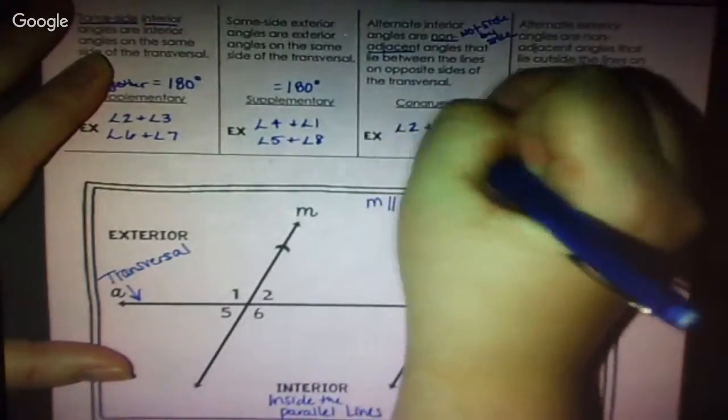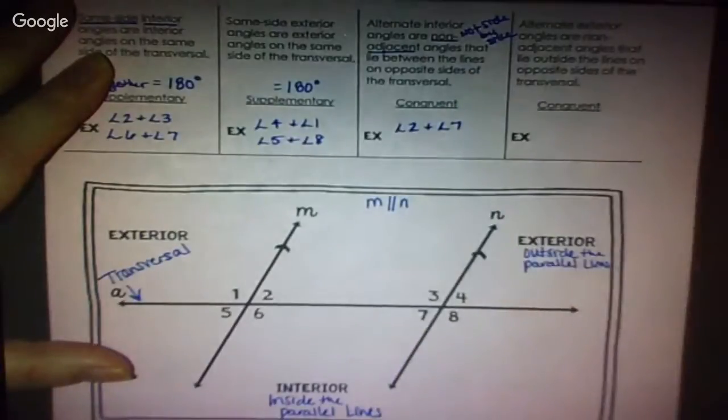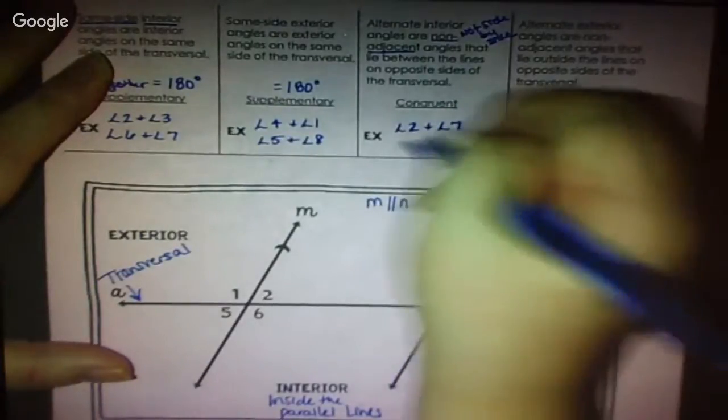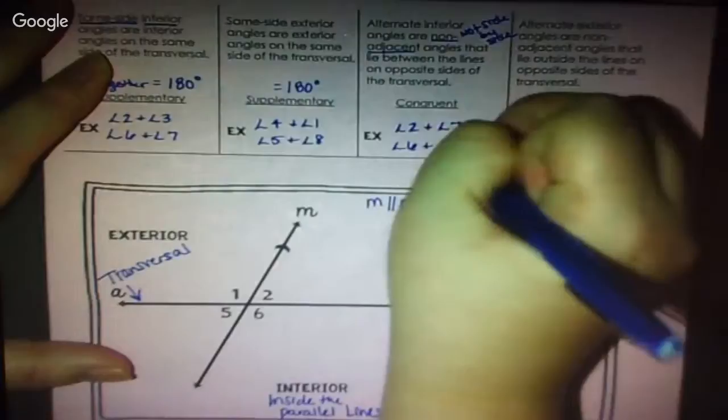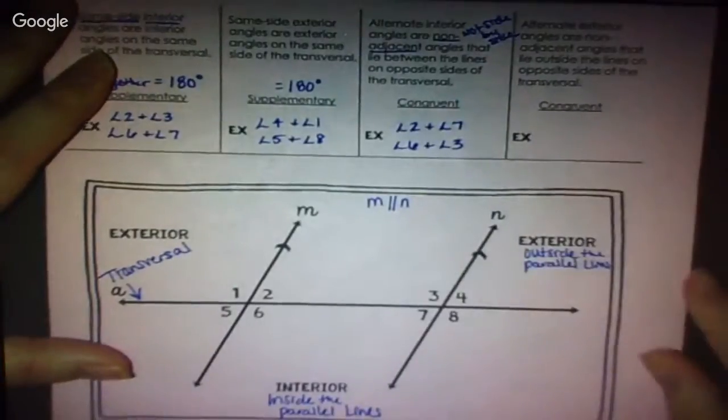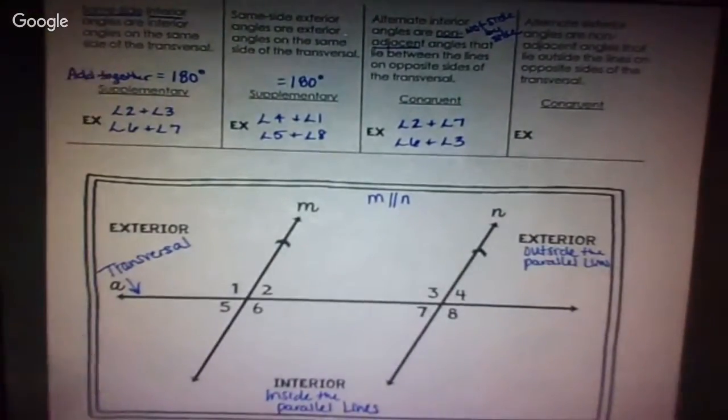So this would be your angle 2 and angle 7, angle 6 and angle 3. You had the right idea that they're on opposite sides of the transversal, so one's on the top and one's on the bottom. But your biggest thing to remember is they're non-adjacent angles. So they can't be side by side, which means 2 and 6 can't work.